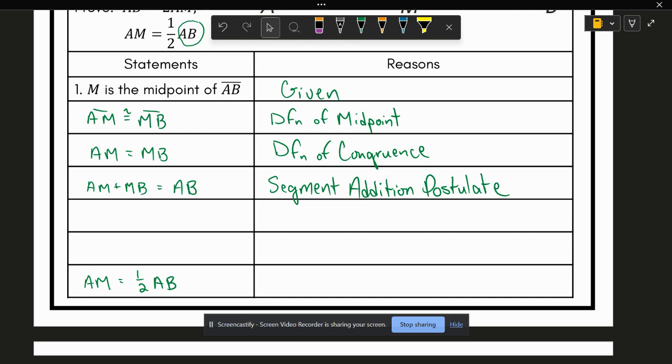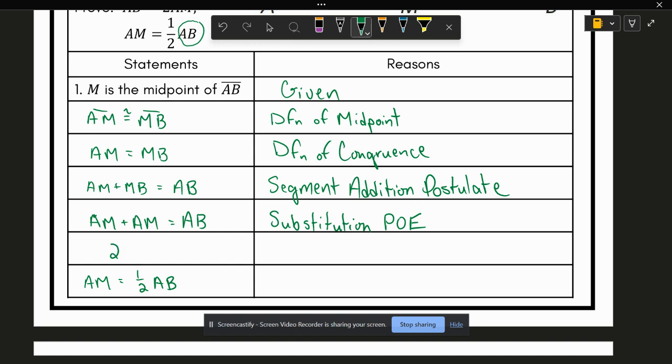So if I were to name AM twice, what did I do from the AM plus MB equals AB? What did I do in that step? What property did I use? Yes? Substitution property of equality. Good. So we use the substitution property of equality.